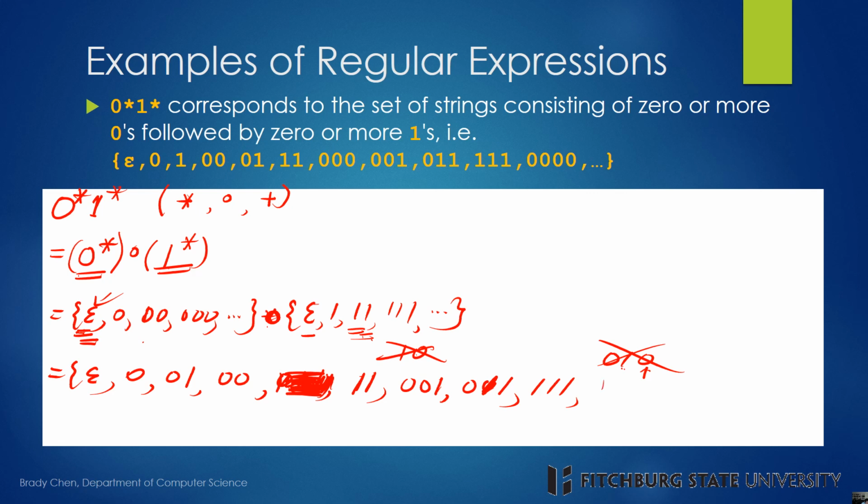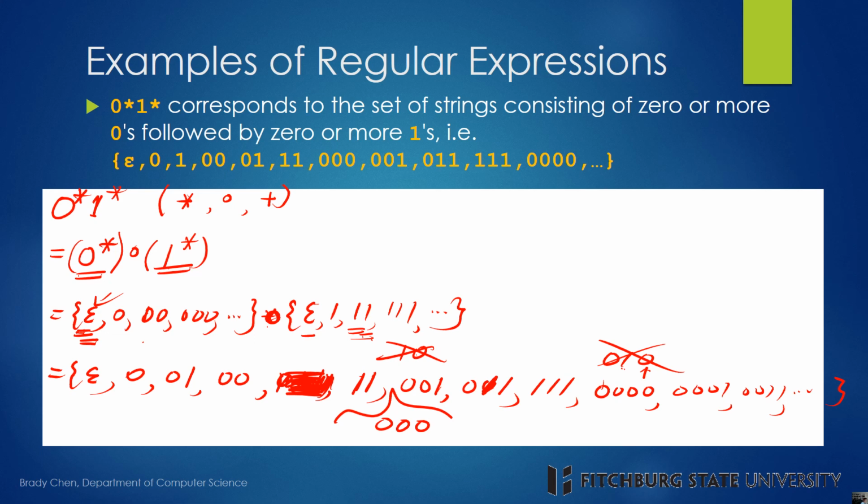Okay, so we can always build this. Oh, we missed 3 zeros: 000, 0001, 0011.